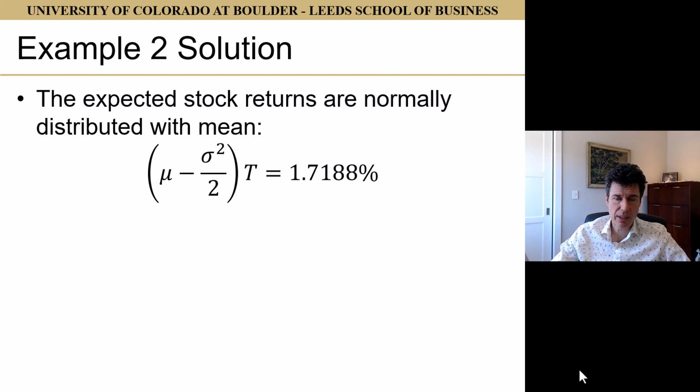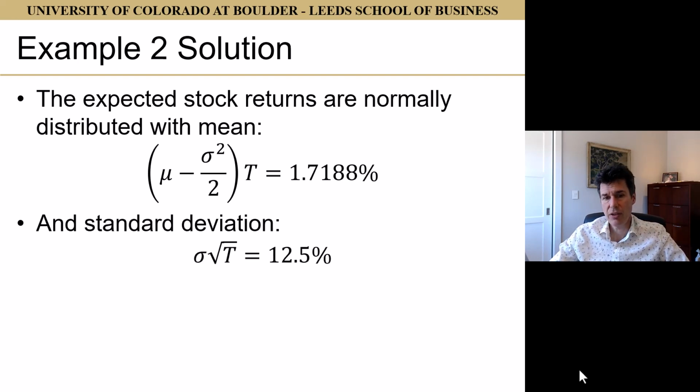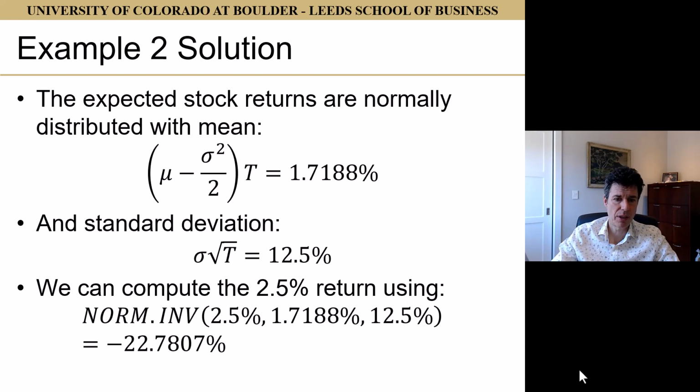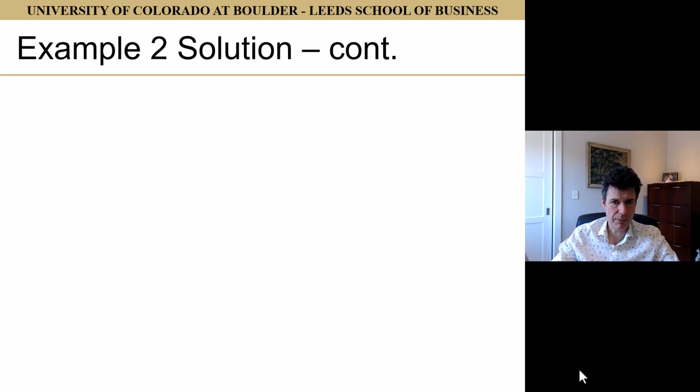So the expected stock returns are normally distributed with mean 1.7188 and standard deviation sigma squared of t, which is 12.5. And we want to find the 95% confidence interval. So we compute the 2.5% return using norm.inv of 2.5%, comma the mean, comma the standard deviation, negative 22.7807.